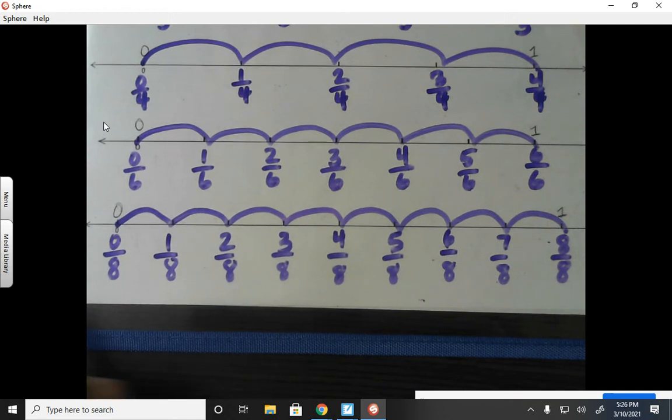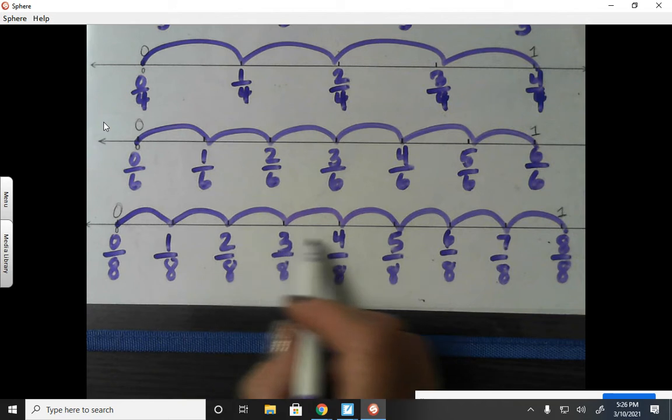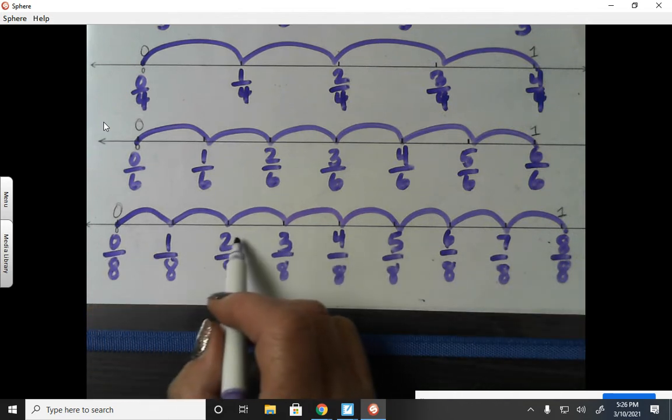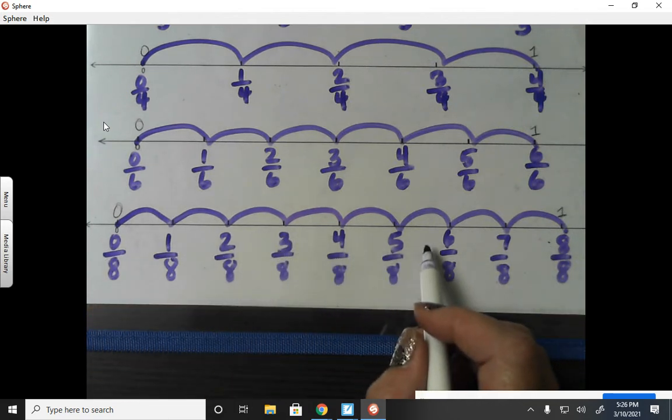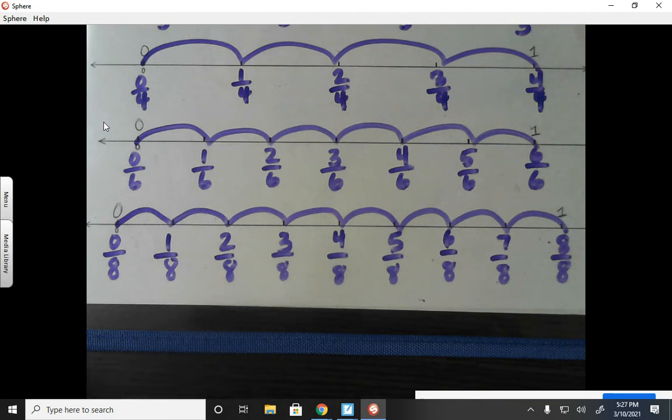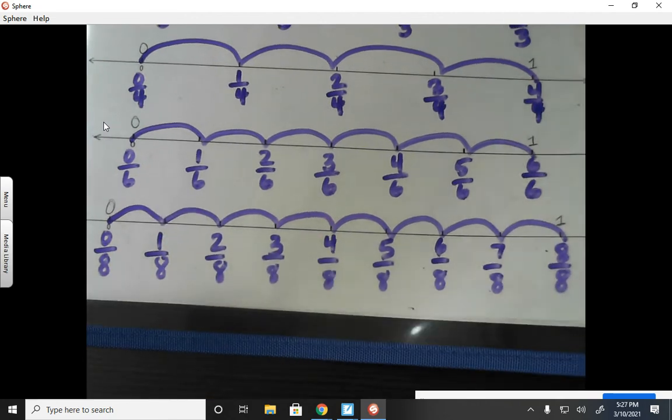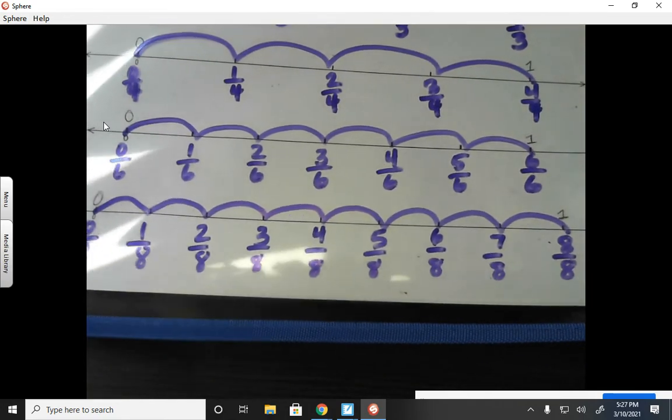Same thing here. The denominator, the number on bottom, was all 8. And the numerator's up on top. You're counting 0, 1, 2, 3, 4, 5, 6, 7, 8. So you can put that piece of paper off to the side. You may actually use it to help you with this next part.